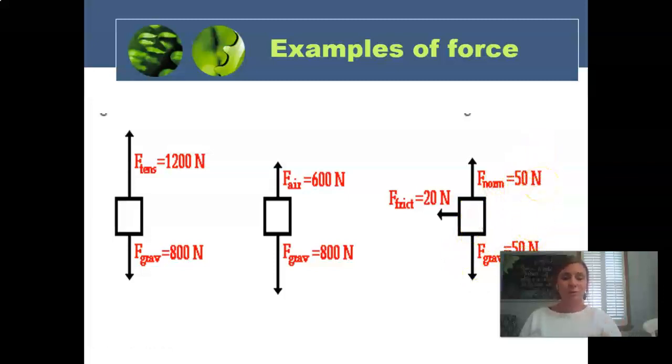Imagine this is something sitting on a table, and then we have frictional forces acting on it, dragging it. Imagine I push a book across a table. It's not going to fall through the table, nor is it going to rise up into the air, but it is going to come in contact with the table and slow down over time, and that's what this one is representing.